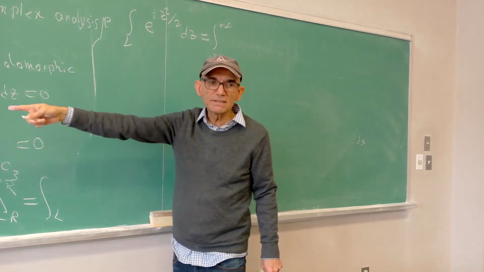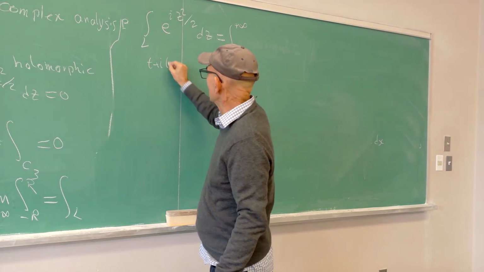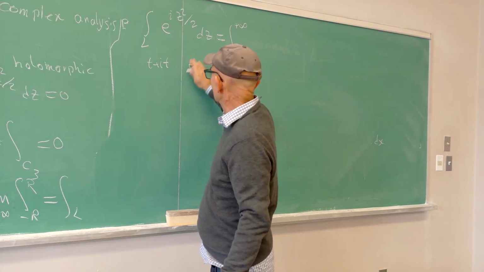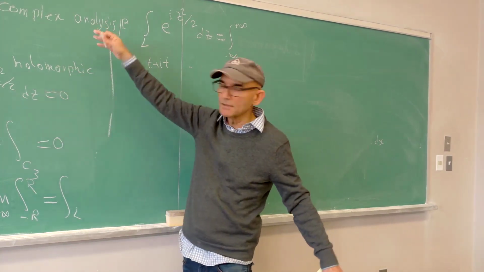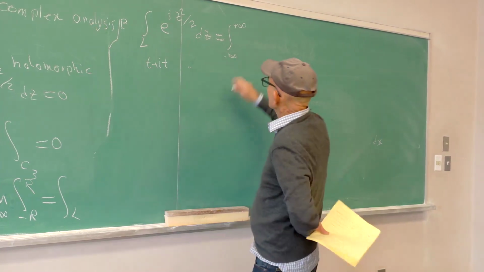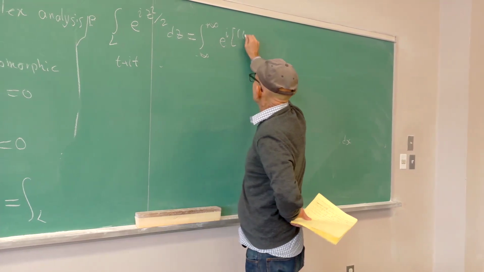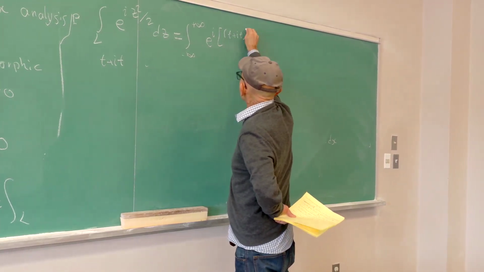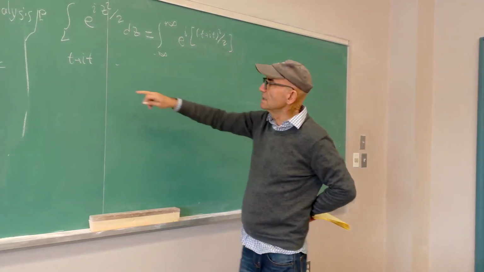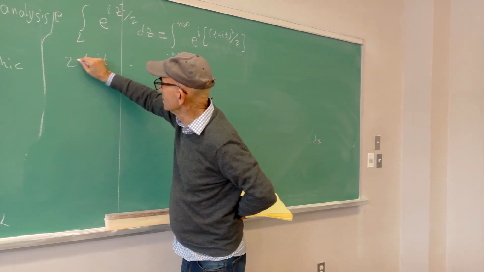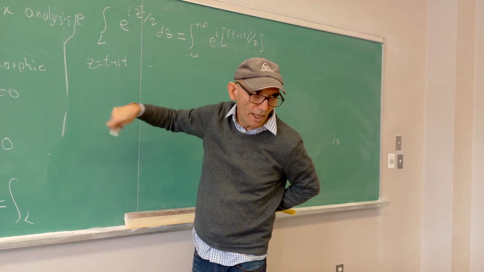We can parameterize this curve as t plus it, t from minus infinity to infinity goes like that. So then this becomes e to the i times (t plus it) squared over 2. And this is z, right? dz is dt plus i dt, which is (1 plus i) dt, right?